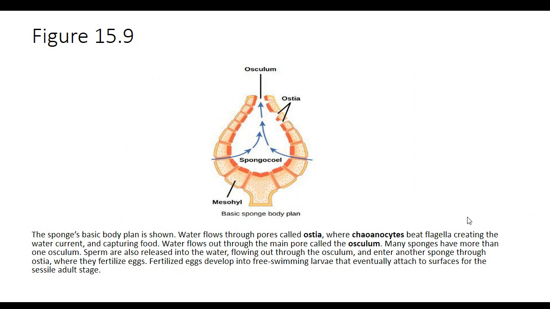There are these cells that line the inside, and they have little flagella projecting into the hollow space, and these flagella are moving, and they make a current of water. They draw water through these holes, and then out through a chimney at the top, and they filter particles of food out of the water that's flowing through.